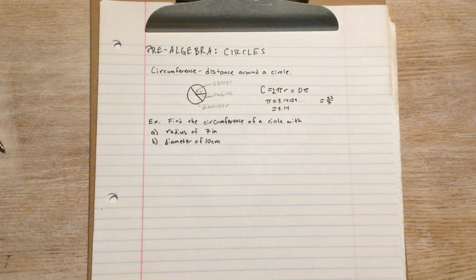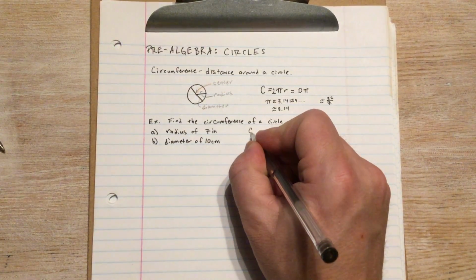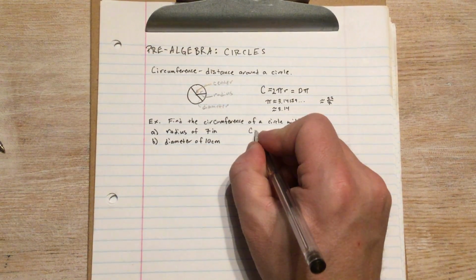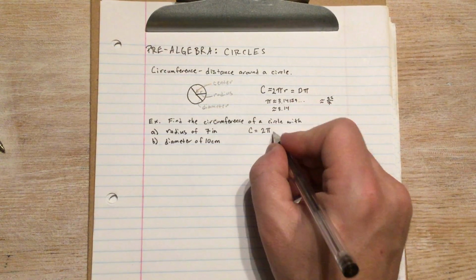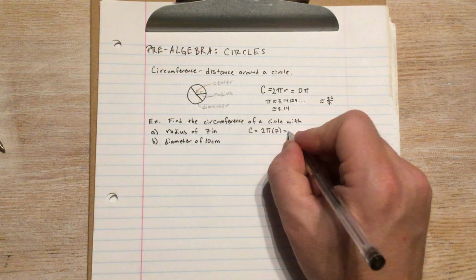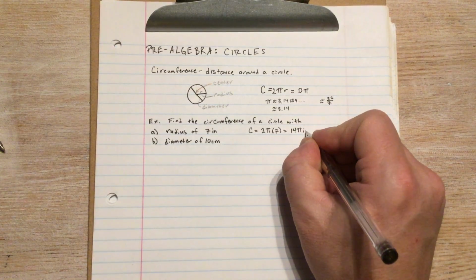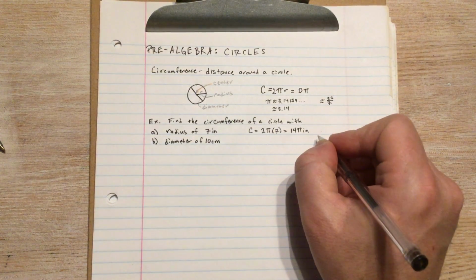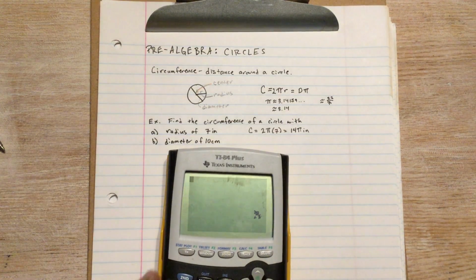Okay. So if I want just the circumference, I'm going to go back up to my formula. Circumference is equal to 2 times pi times r, my radius, so it's 7, and it's 7 inches, so then that is just 14 pi inches. But sometimes we want to approximate that, and so I'm going to plug it into my calculator.